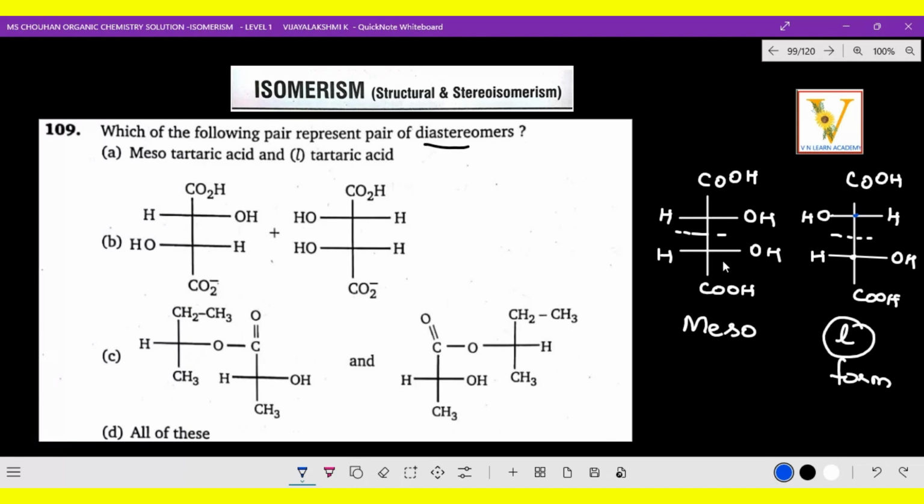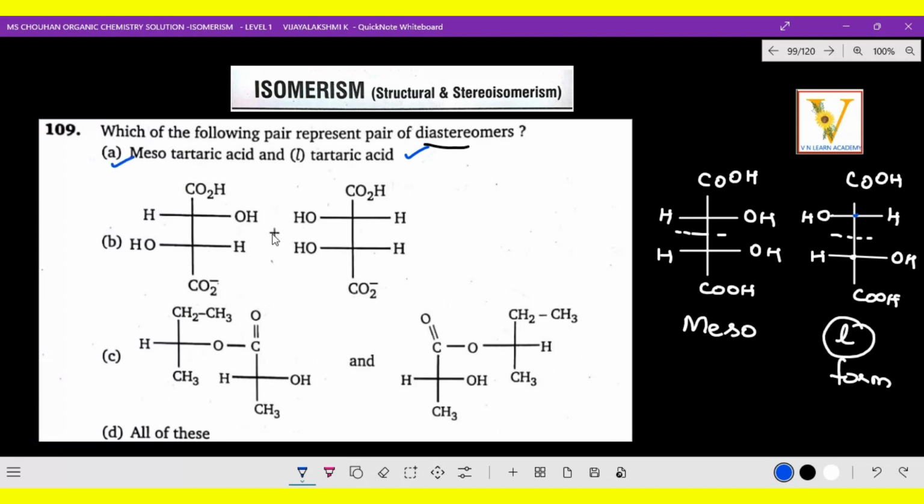This is mesotartaric acid, so this is an identical mirror image, whereas this is L-tartaric acid. One is fixed, the other one is changed. So this is spatial arrangement, and cis and trans is possible. So this is cis and this is trans. So this is 100% diastereomers. This pair shows diastereomers only.